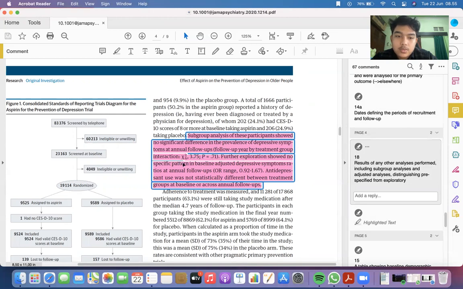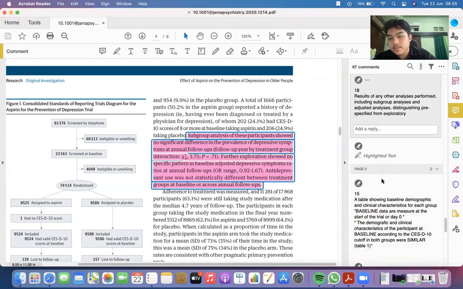Further exploration showed no specific pattern in baseline adjusted depressive symptoms ratios at annual follow-ups, ranging from 0.92 to 1.67. Antidepressant use was not statistically different between treatment groups at baseline or across annual follow-ups.